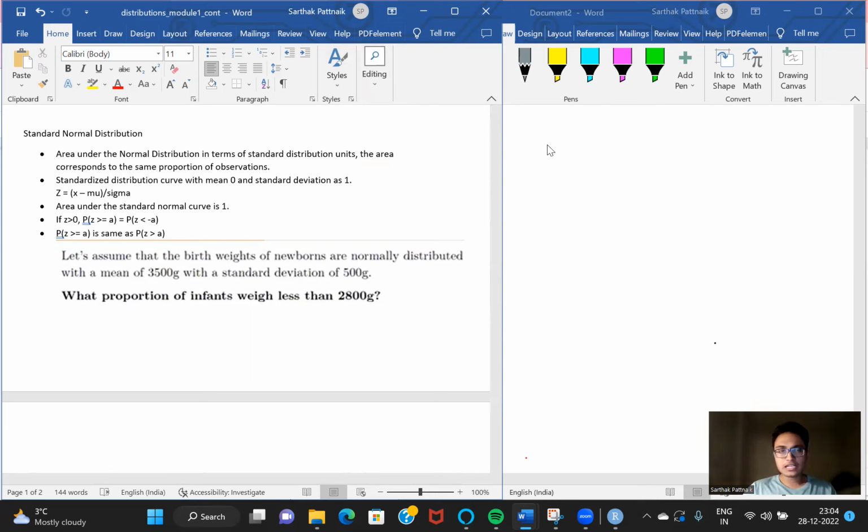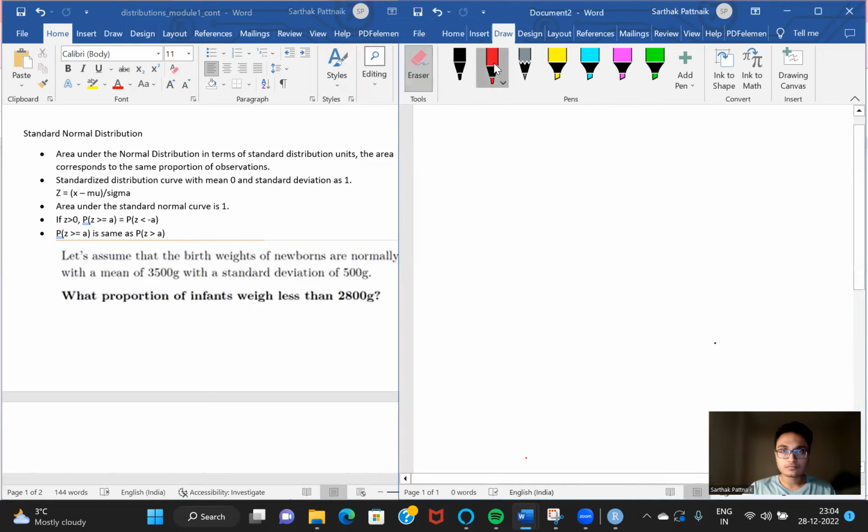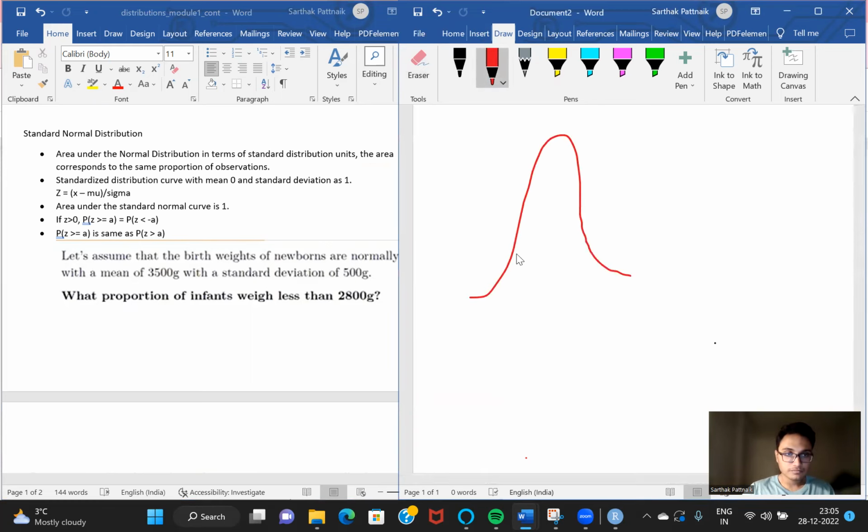Now, for the normal distribution, the idea is pretty simple. You have been given the mean, you have been given the standard deviation. This is where 2800 lies. Right?